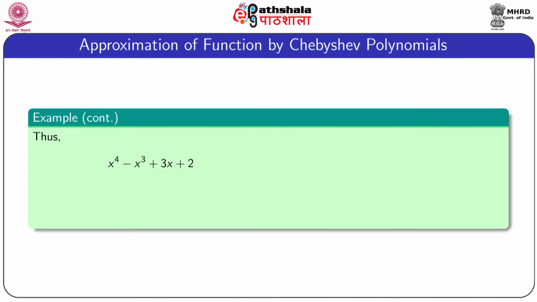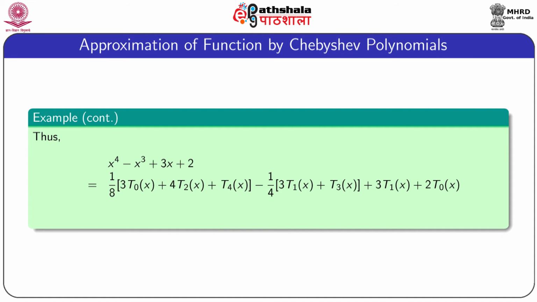So, substituting these values, the given polynomial becomes 1 by 8 into 3 into T0(x) plus 4 into T2(x) plus T4(x), this is the value of x to the power 4, minus 1 by 4 into 3 T1(x) plus T3(x), this is the value of x cube, and the third term is 3 into T1(x), and the last term is 2 into T0(x).